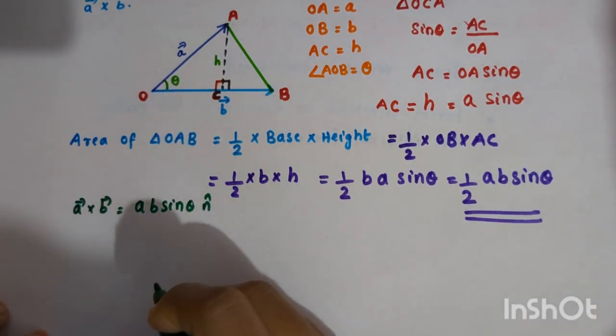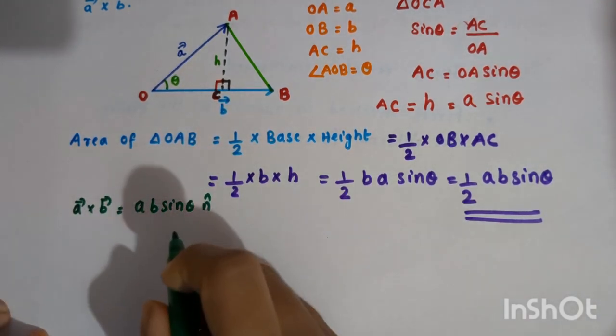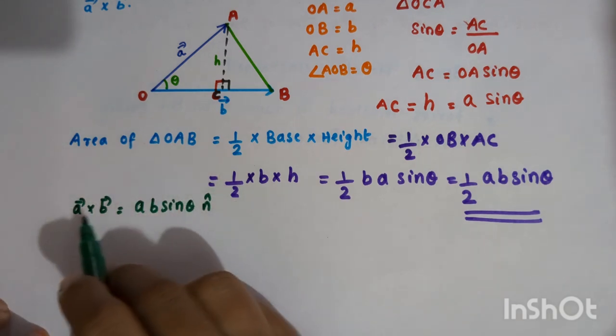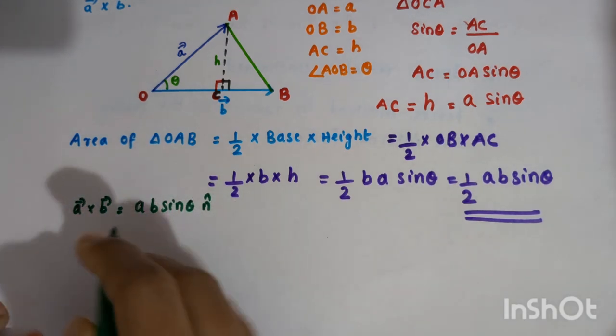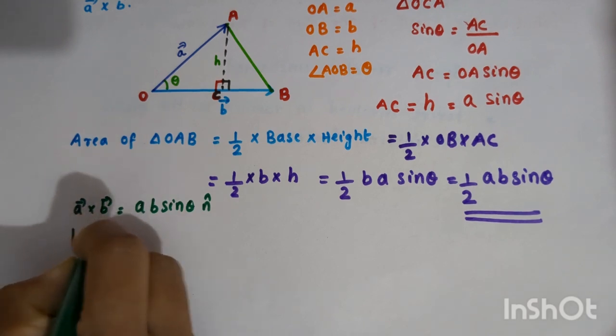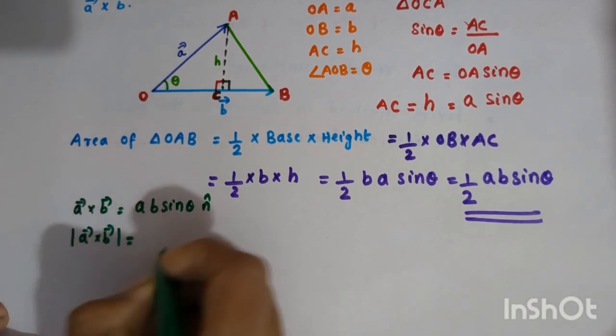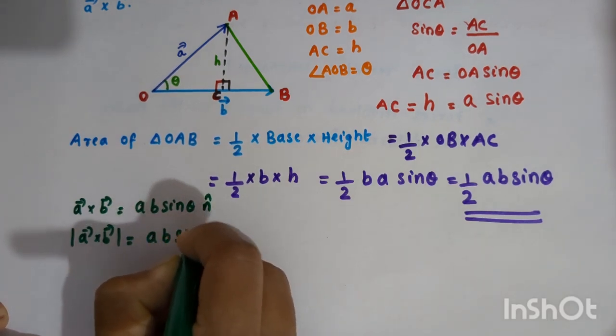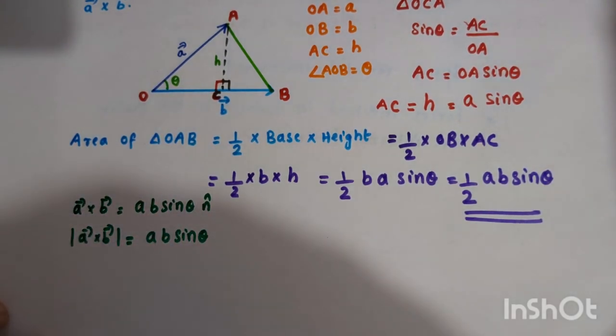N cap is a unit vector which is perpendicular to the plane containing the two vectors A and B. Now, the magnitude of vector A cross vector B means we don't consider the direction, just the magnitude, that is AB sin theta.